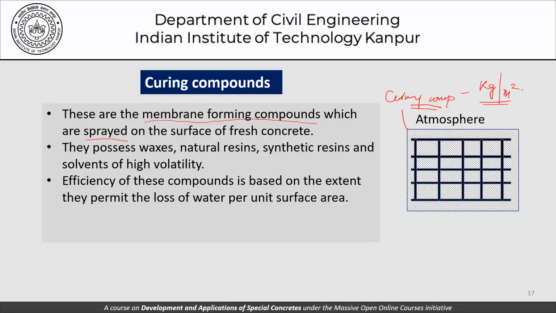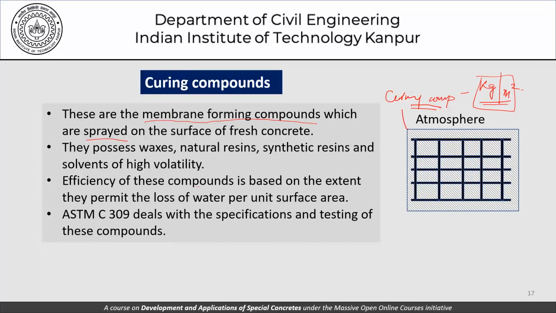So we have to understand that there will be a critical value beyond which increasing this kgs per square meter spread of curing compounds may not help as far as preventing the evaporation is concerned, but that's something which needs to be determined and has to be done in accordance with the specifications or recommendations or suggestions from the manufacturer of the curing compound.